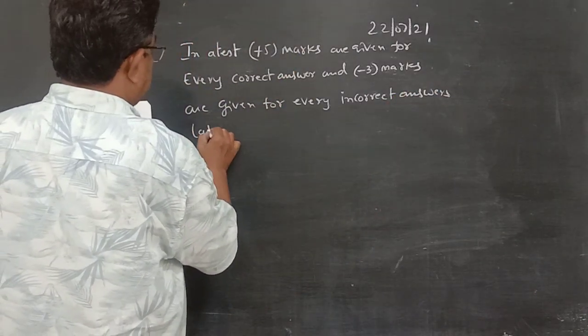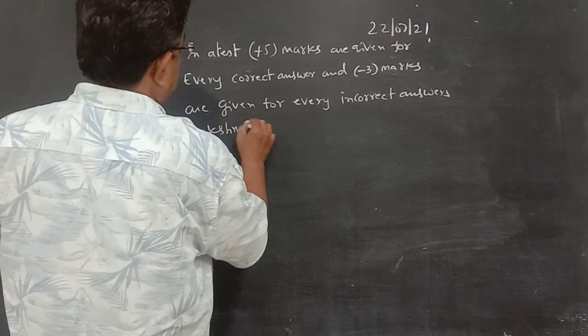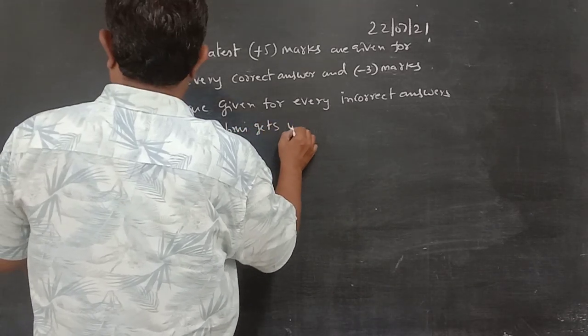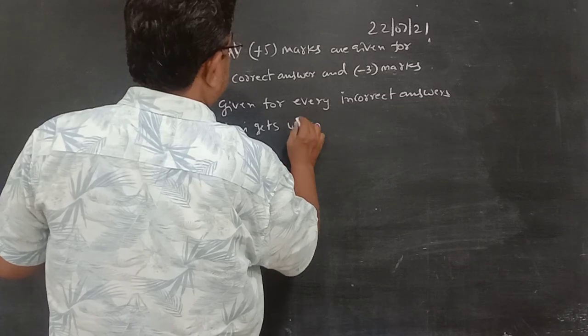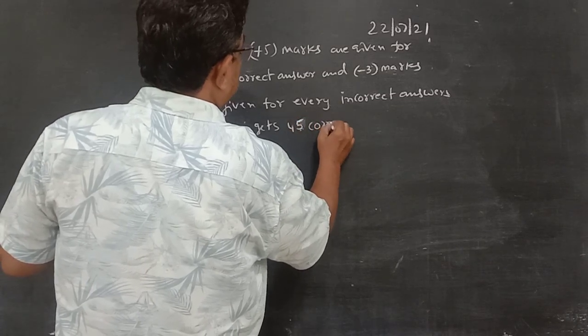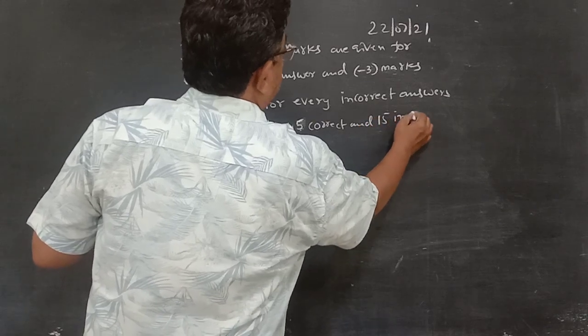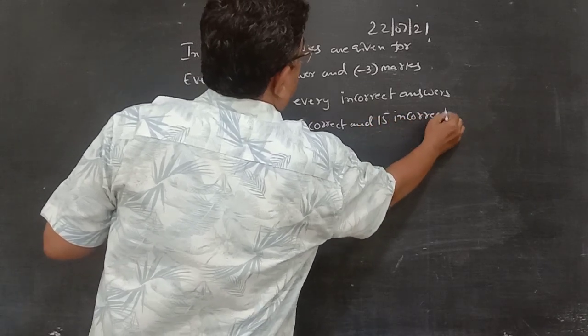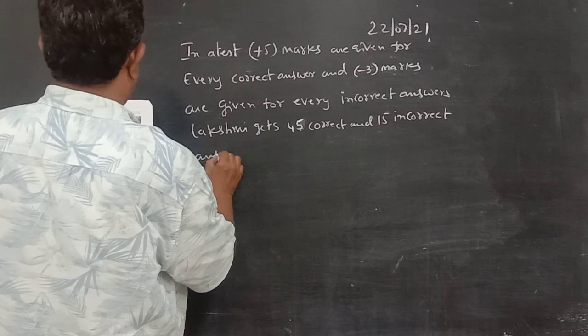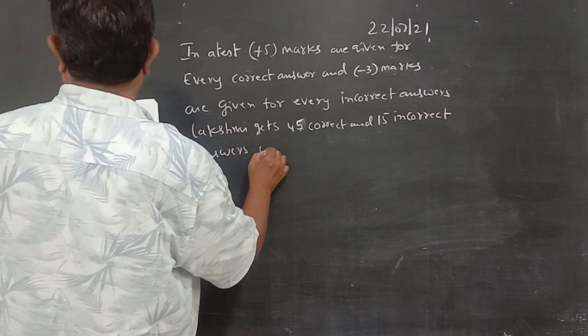Lakshmi gets 45 correct and 15 incorrect answers. What is her score?